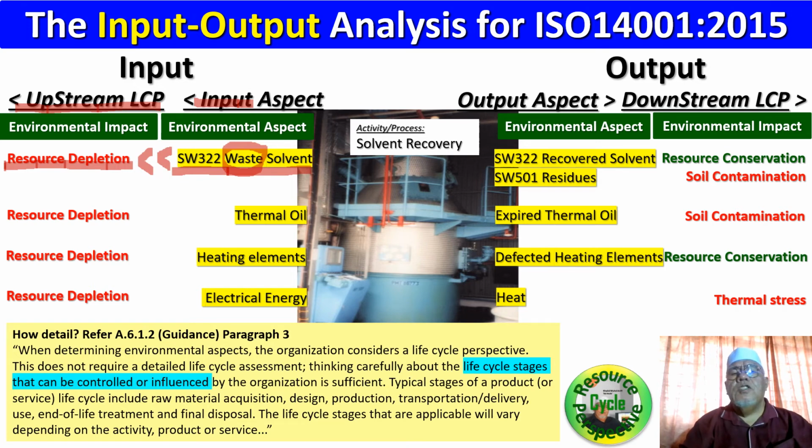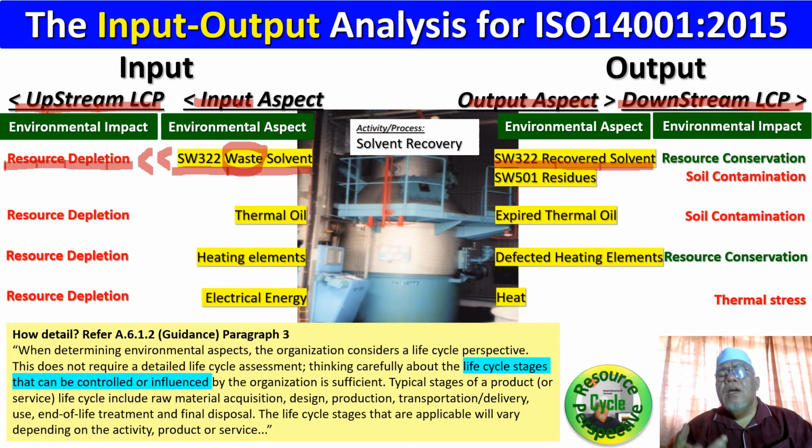And then, on the other hand, the output of this solvent recovery plant is the recovered solvent. And this makes my day happier because it is an output aspect of this solvent recovery. And what happens to it? We look at the downstream of its life cycle perspective.